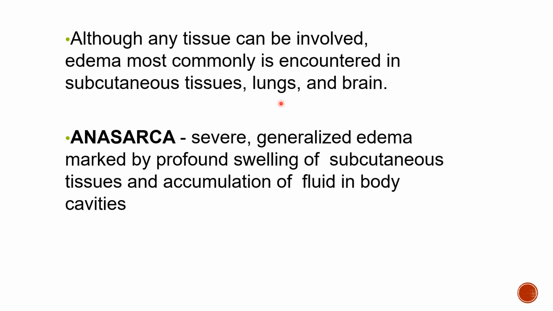Although any tissue can be involved, edema is most commonly encountered in the subcutaneous tissues, that is the dependent parts like the sacrum and the limbs, and in the lungs and the brain. And the condition is called anasarca, which is severe generalized edema marked by profound swelling of the subcutaneous tissues and accumulation of fluid in the body cavities.